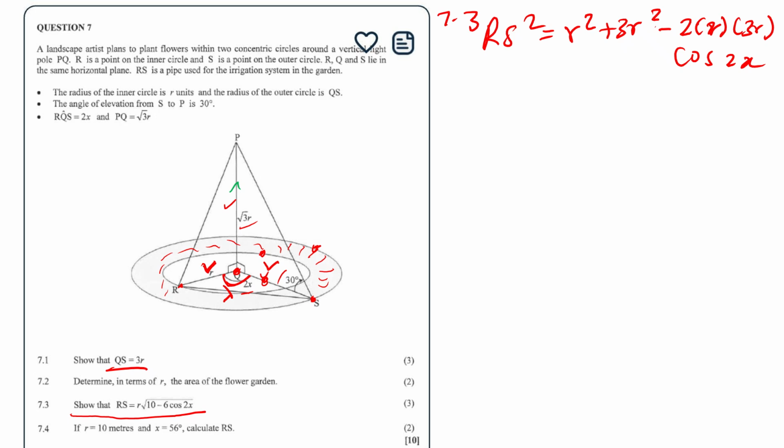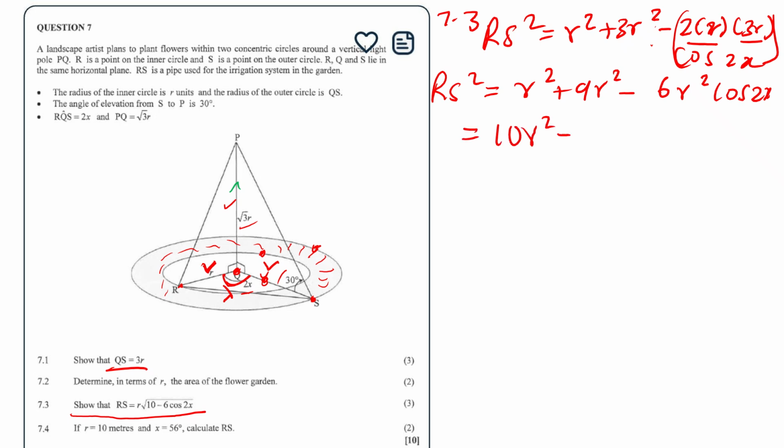Therefore our RS squared is equal to r squared plus 9r squared. If you simplify this, you will find minus 6r squared cos 2x, because 2r times 3r is 6r squared. Therefore this is equal to 10r squared minus 6r squared cos 2x.